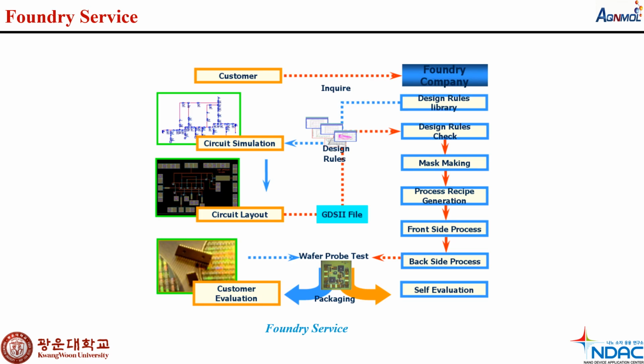For this foundry service, a block diagram of the foundry service is shown in figure number 1. Throughout this curriculum, the overall MMIC technology, layouts and fabrication process are shown. This slide will explain the purpose and practical details of each step.